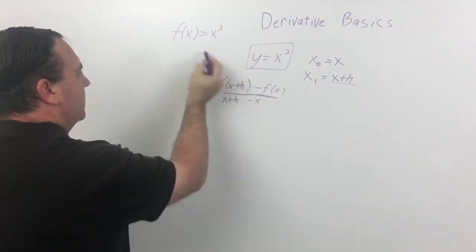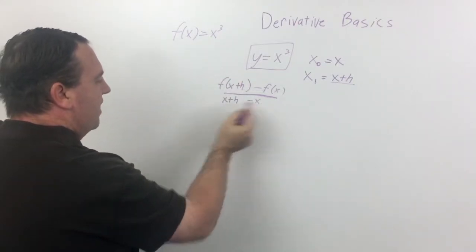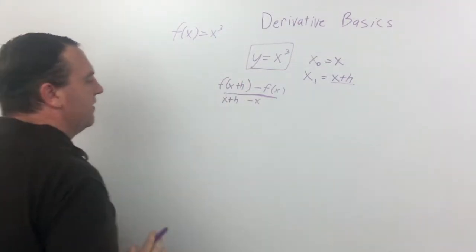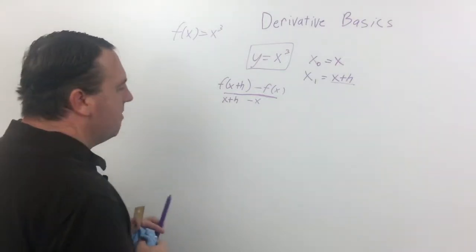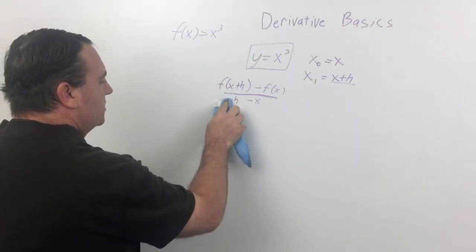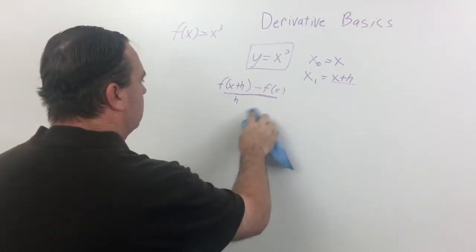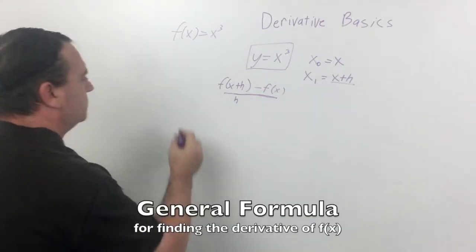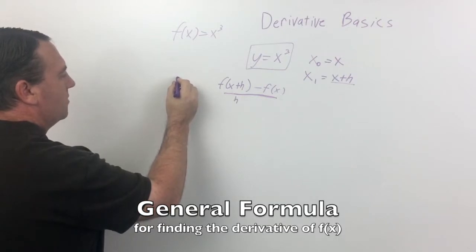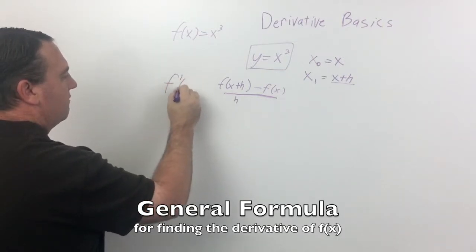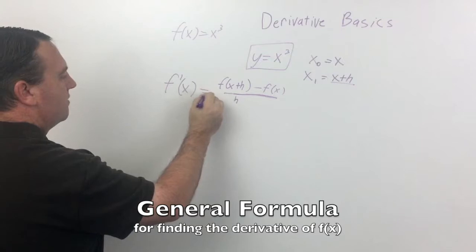I'm going to have to run x plus h through our function and divide by this. But look, we can simplify this. x plus h minus x is just h. So this is the general formula for finding the derivative.